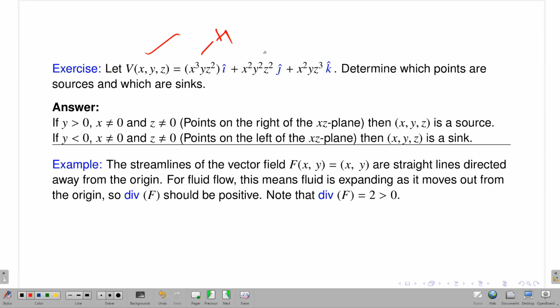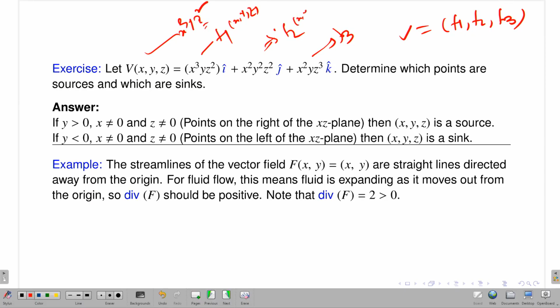So, V is f1, f2, f3. f1 of x comma y comma z is equal to x cube y z square, f2 of x comma y comma z is x square y square z square, and f3 of x comma y comma z is x square y z cube.